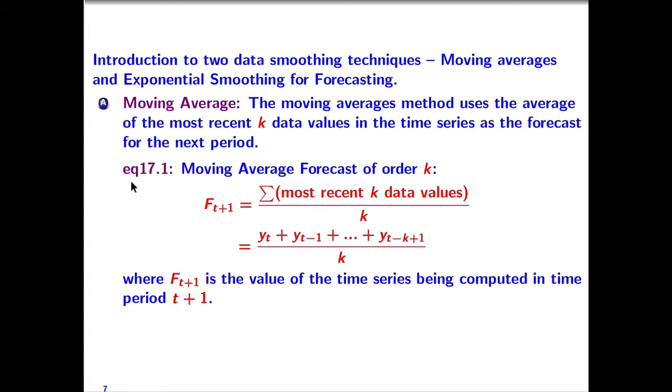So here's equation 17.1, and the moving average forecast of order k is given by this equation.